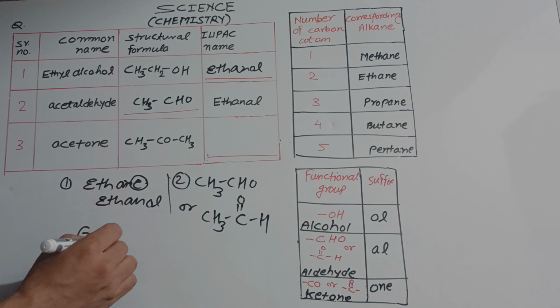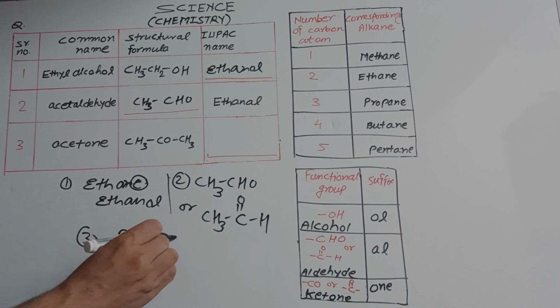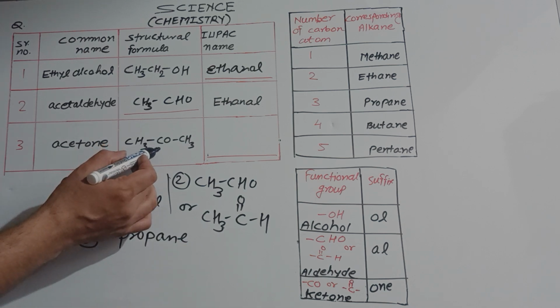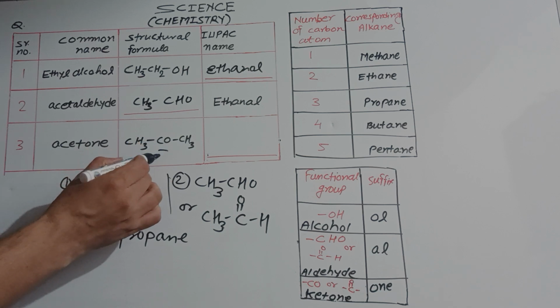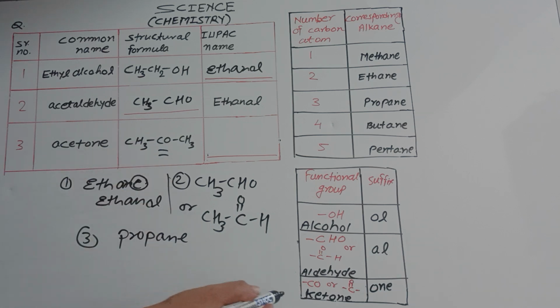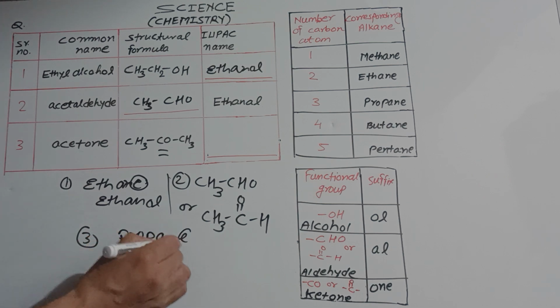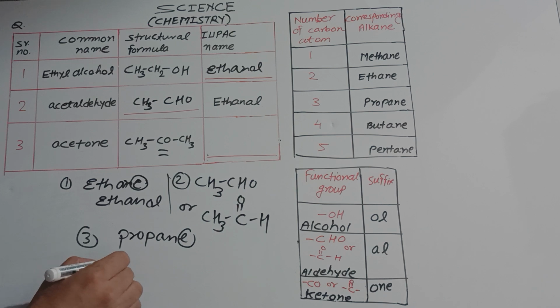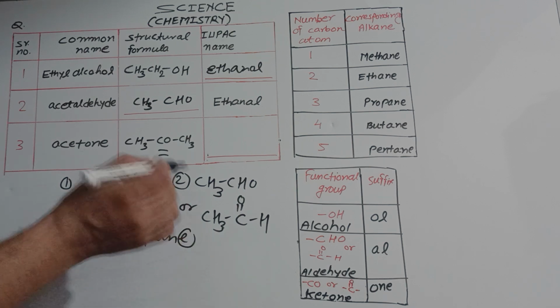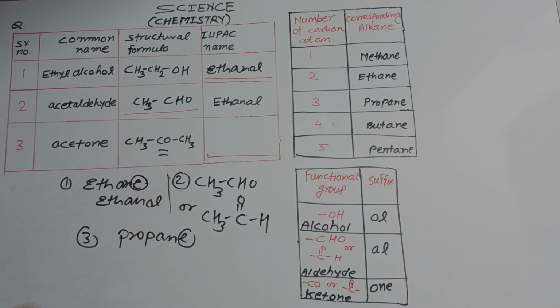So first you write the corresponding alkane, which will be propane, and you can see the functional group is CO. CO is nothing but the ketonic functional group. So the suffix to use here is ONE. So here E will be replaced by ONE, and we will indicate the position of the ketonic group also.